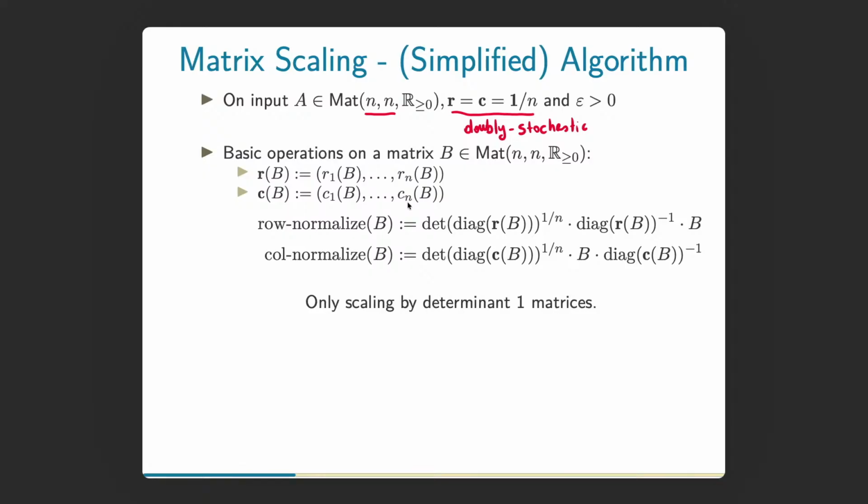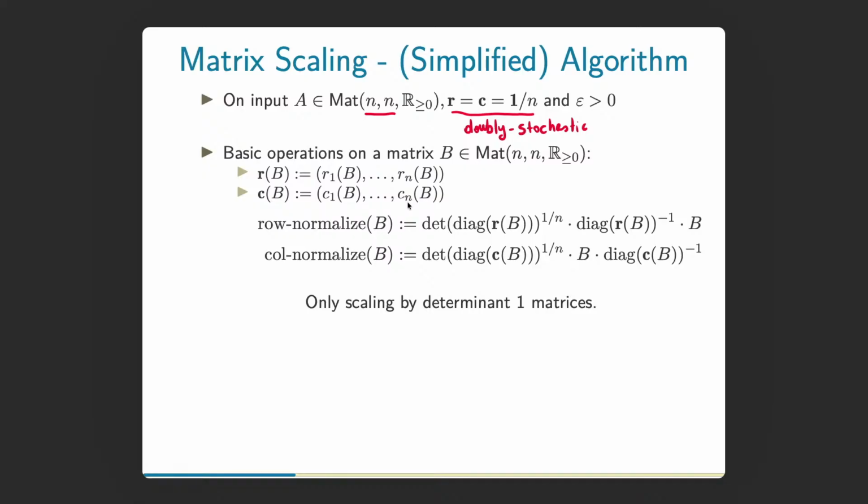There's a scalar factor here because I always want to scale by determinant 1 matrices. Remember, my notion of doubly stochastic was independent of the norm, so multiplying by a scalar doesn't change the fact that the matrix is still row normalized. Does that make sense?